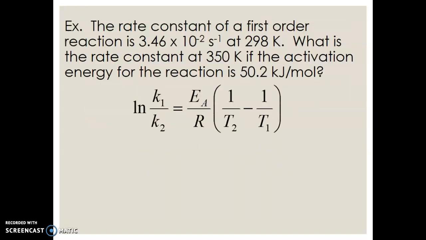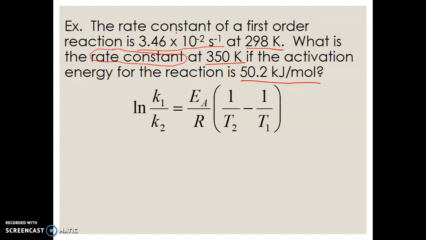So let's look at an example using this. The rate constant of a first order reaction is 3.46 times 10 to the negative second s to the negative first at 298 Kelvin. What is the rate constant at 350 Kelvin if the activation energy for the reaction is 50.2 kilojoules per mole?